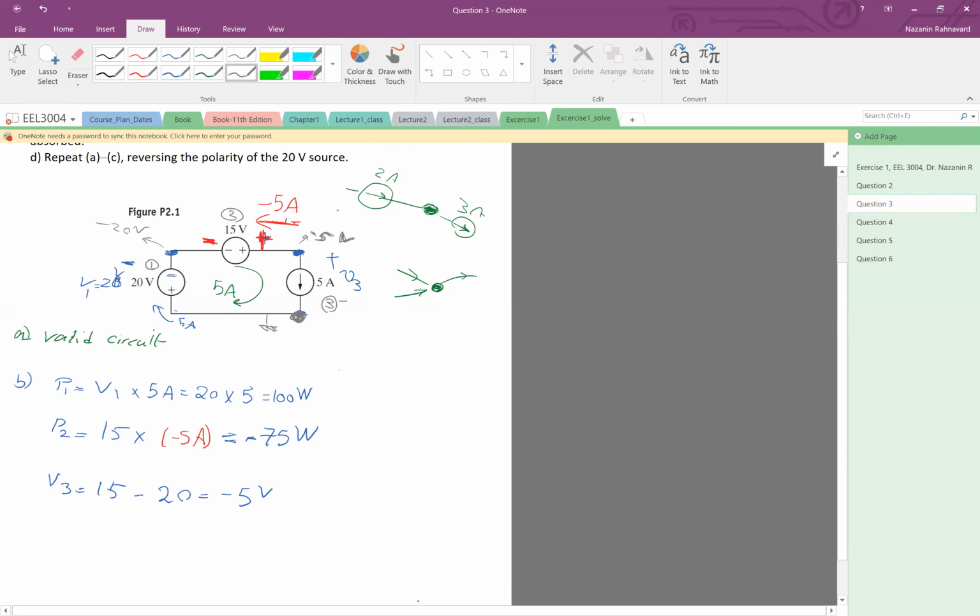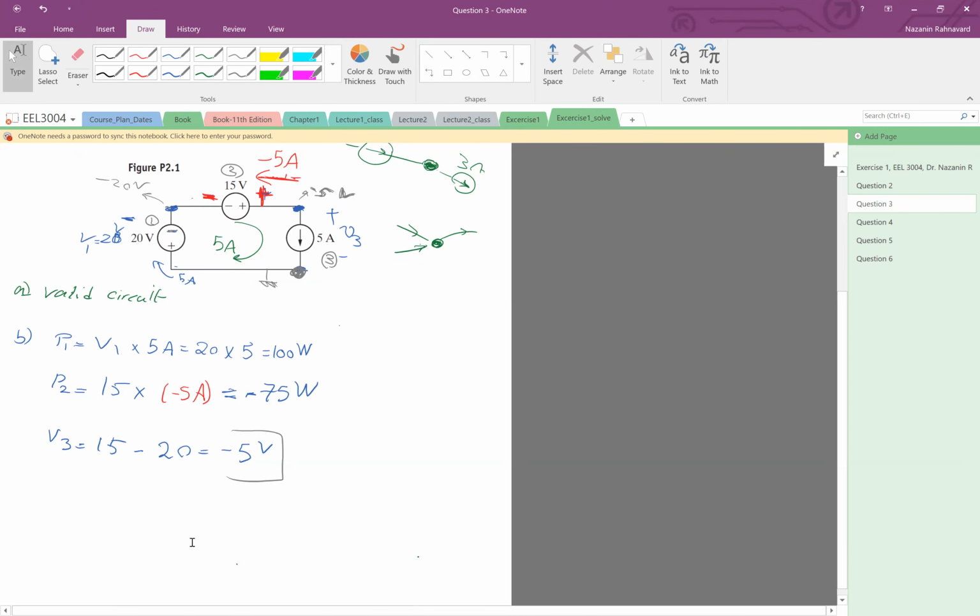I would like you to think of this in different ways so that you get more familiar with exactly what's going on. Again, you can either say this is 15 and then negative 15 minus 20, or just start from here, assume it's 0, and see what the voltage is at this point, and take the difference, minus 5. However it works for you.